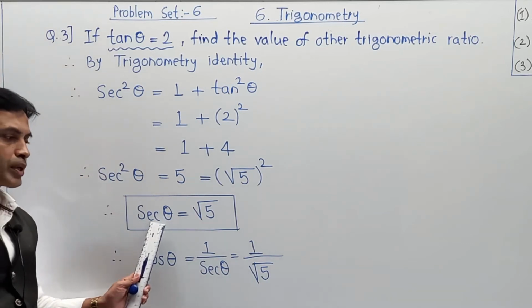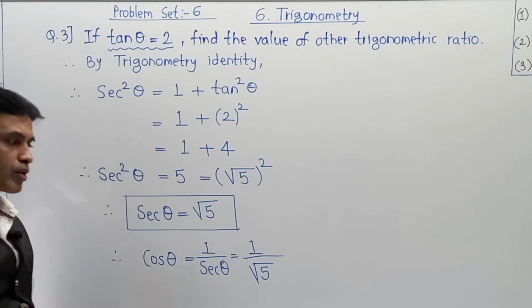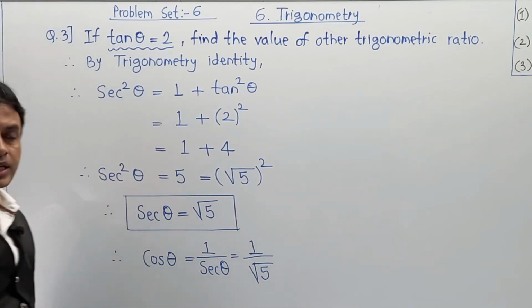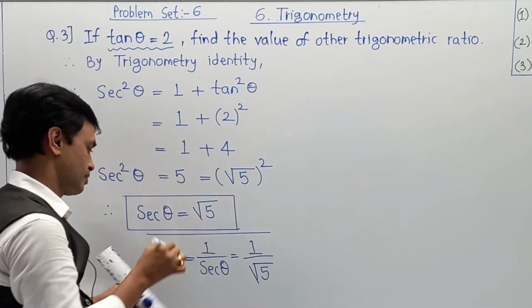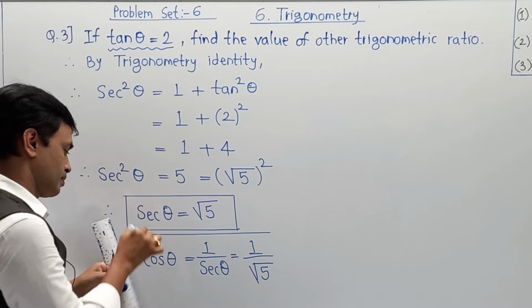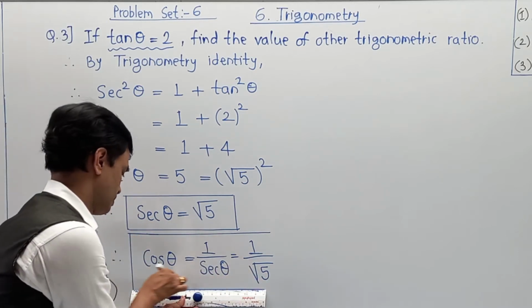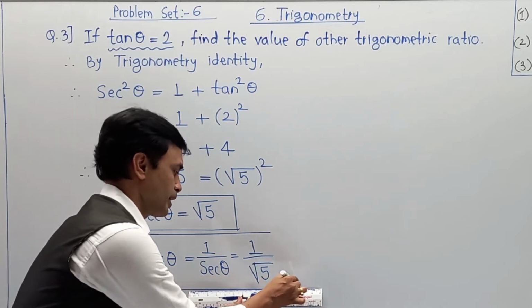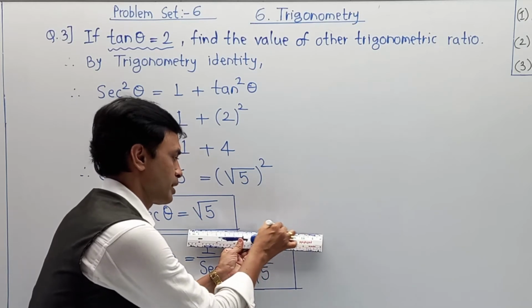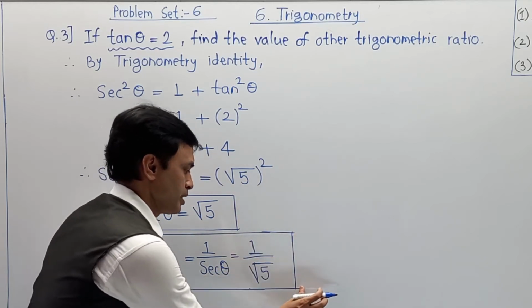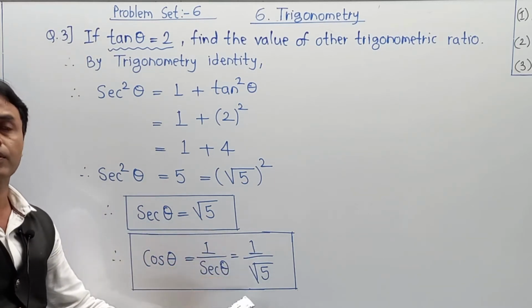So actually you are not getting only one value, but with the help of sec theta you also get another value, that is cos theta, and in this way your second answer is also ready. Now you have two values: first sec, and connected to sec, that is cos. Value of sec theta is root 5 and value of cos theta is 1 upon root 5.